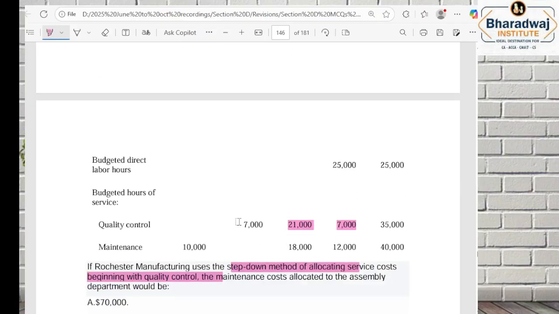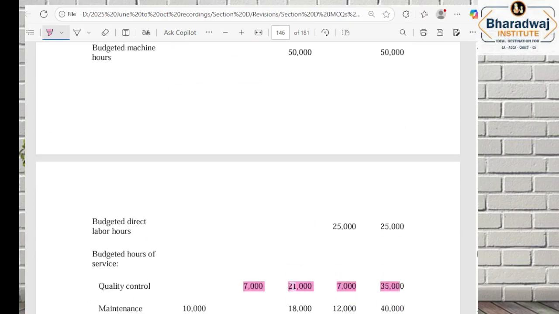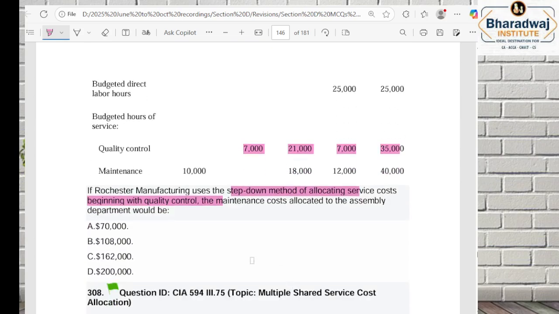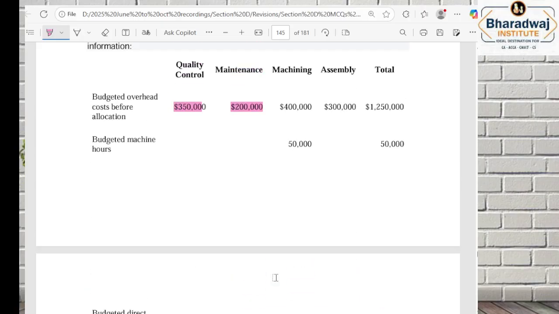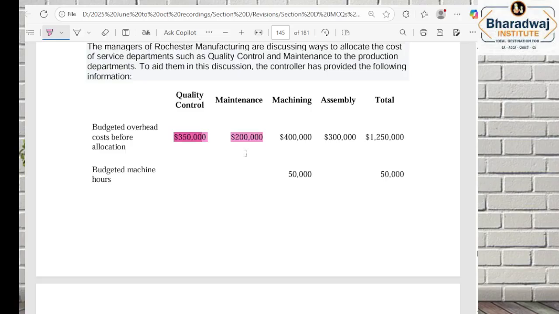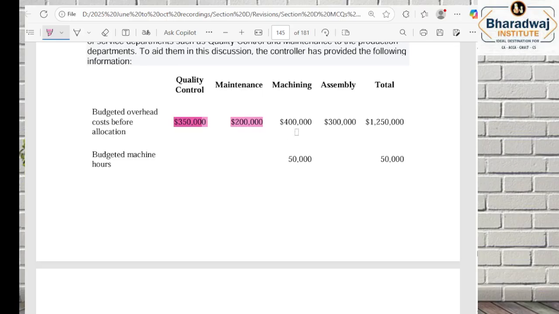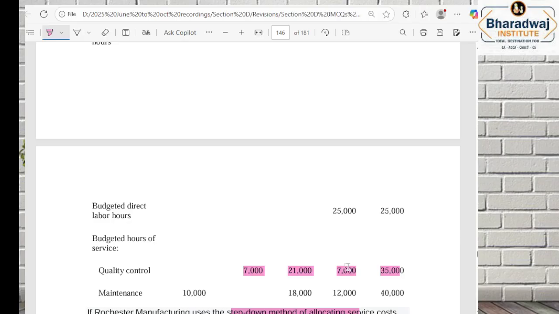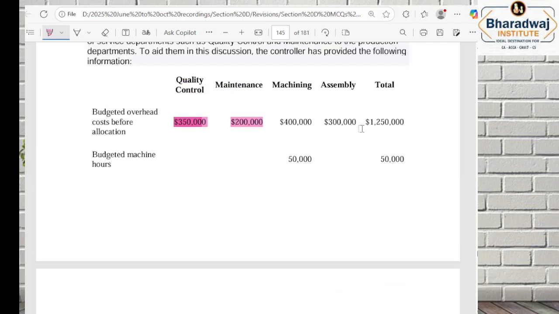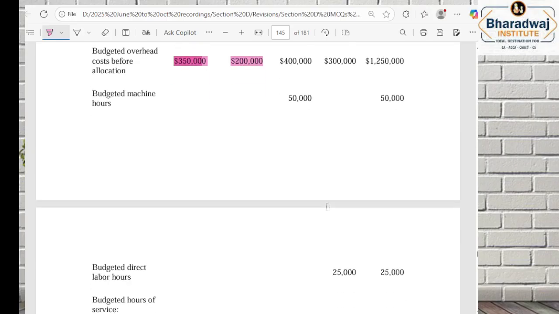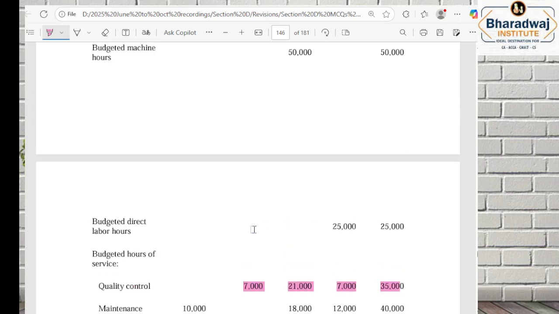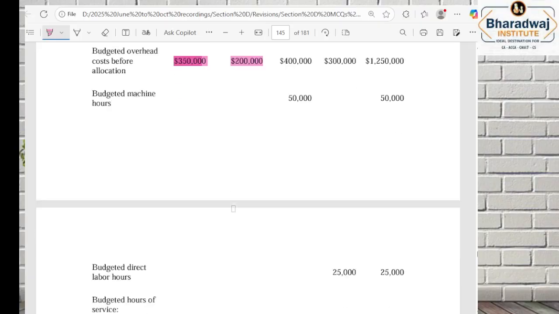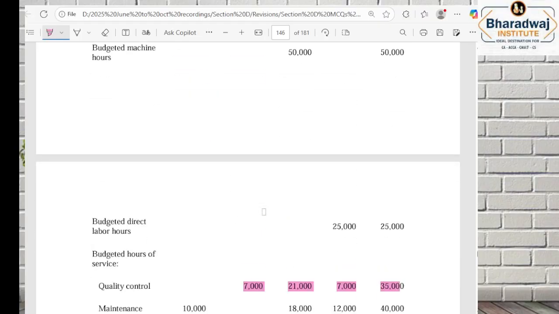In step down, service to service allocation can be done. It starts from quality, so quality to maintenance, and then from maintenance to the production departments directly.